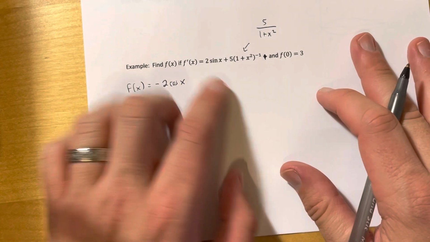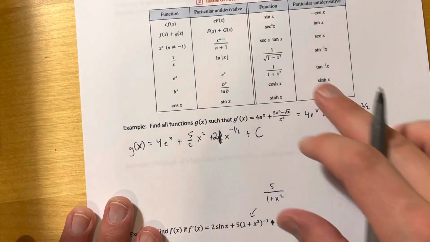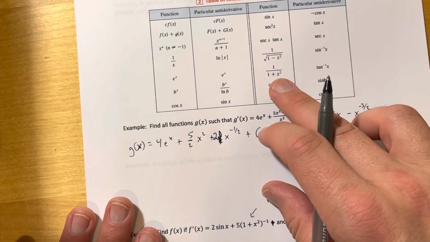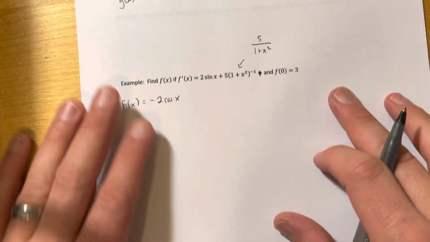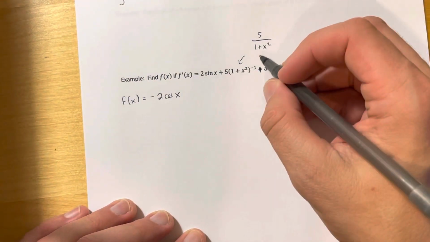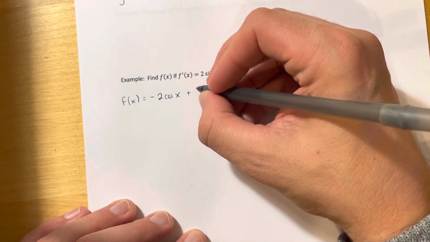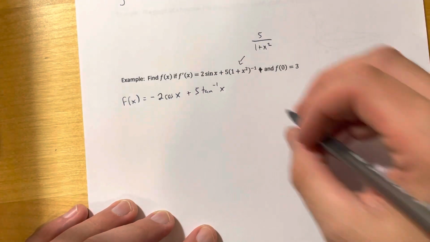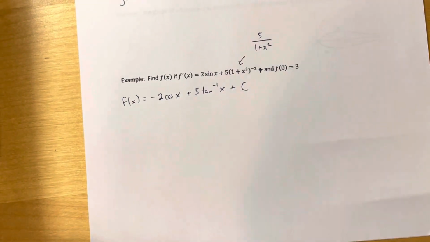And 1 over 1 plus x squared is the derivative of the inverse tangent function. So the antiderivative of this would be the inverse tangent function. So from that, the antiderivative will look like 5 times the inverse tangent of x. And then I'm supposed to have this plus c here.